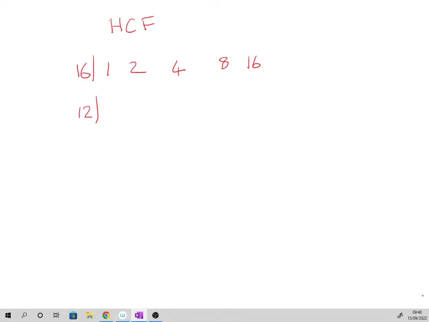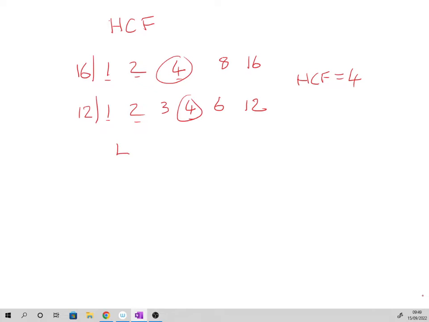No need to write the 4 twice. Then we do the same with the 12. It's 1 times 12, 2 times 6, and 3 times 4. It's weird that 12 has got more factors than 16, but that's the way. So common factors are the things that apply in both sets of data. So 1, 2, and 4 are common factors, and the highest common factor is the biggest number. So the highest common factor there is equal to 4.